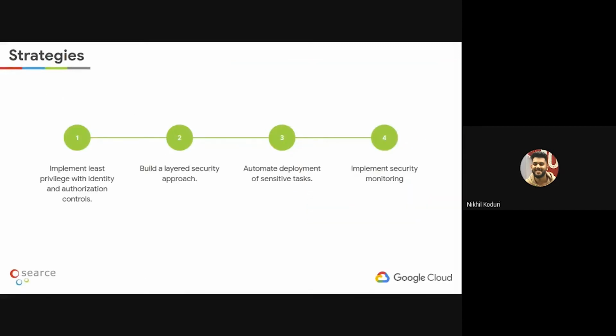So again, we are going to talk about the strategies that we would need to implement in order to have a secure environment, right? The first thing you have to do is implement least privilege with identity authorization, right? The amount of access that you'll be providing to the users, as well as the service accounts, and to any external identity that you have incorporated using tools like Okta, right?